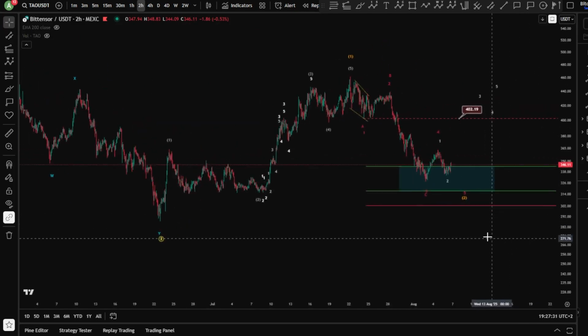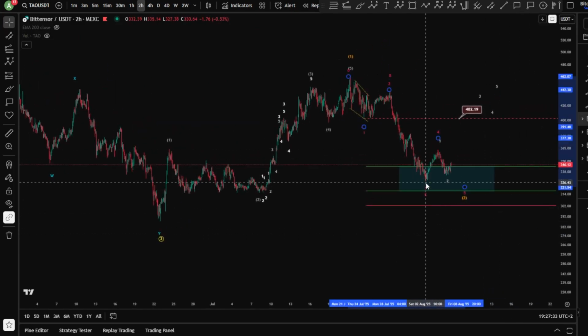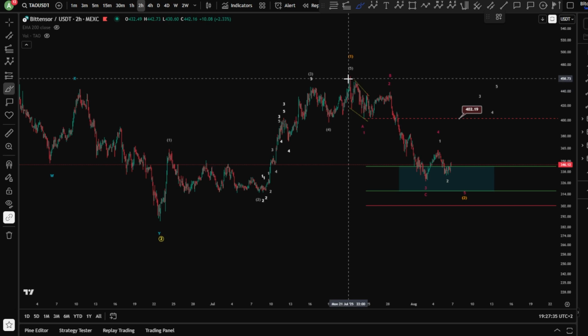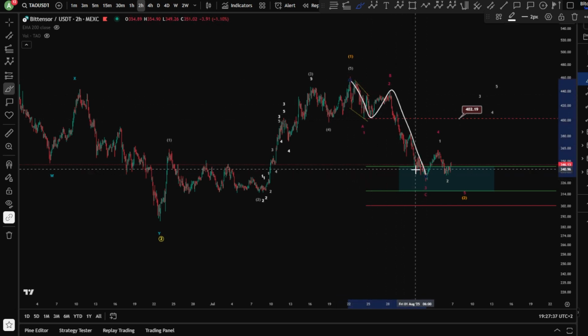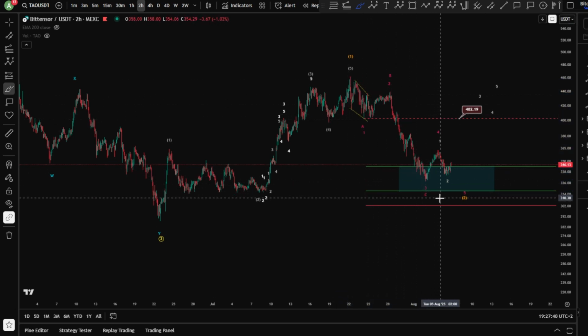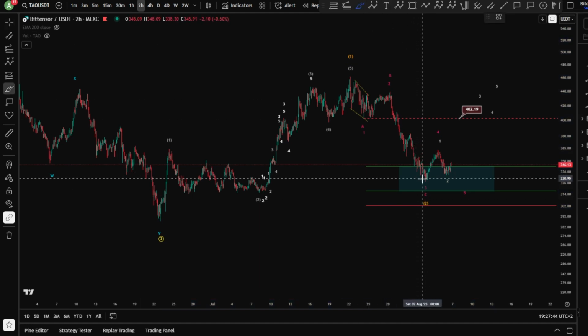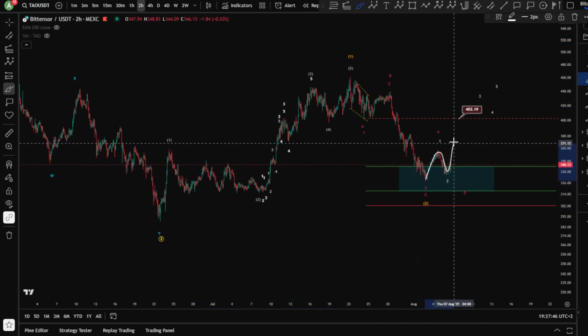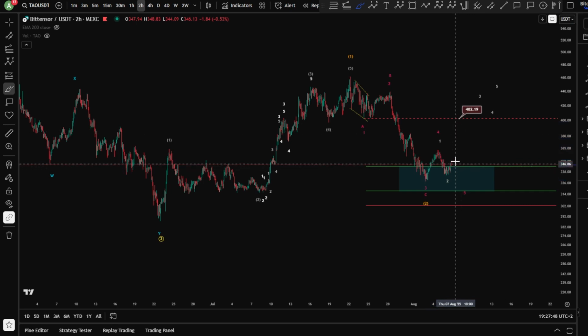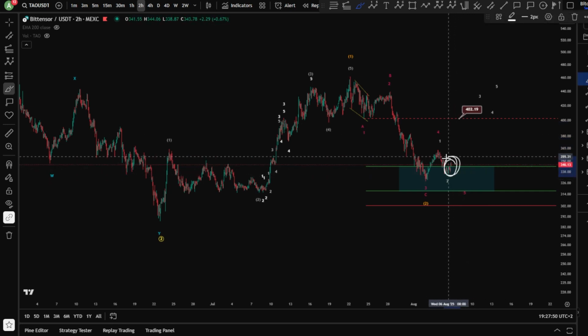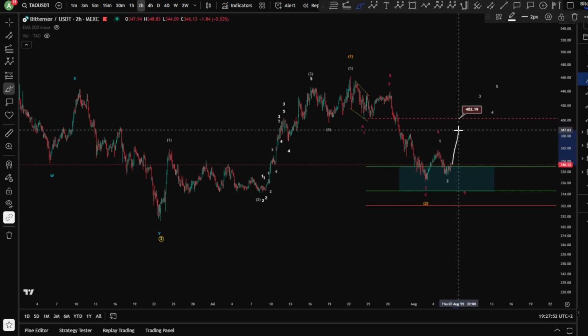However, if we move inside it, we have again 2 possibilities here. We have an extended wave C in an ABC zigzag, where you have finished exactly in this blue box and you have finished this wave 2, and you move towards the upside impulsively, where we see another 1, 2 currently and 3, 4 and a 5. Of course, the answer is gonna be given over there if we see continuation towards the upside.